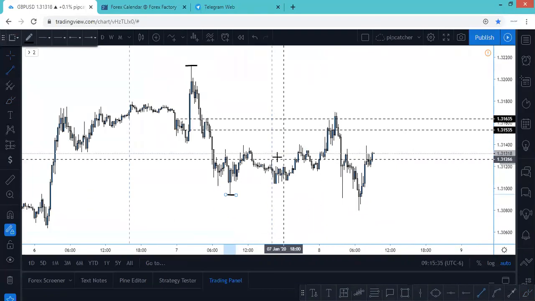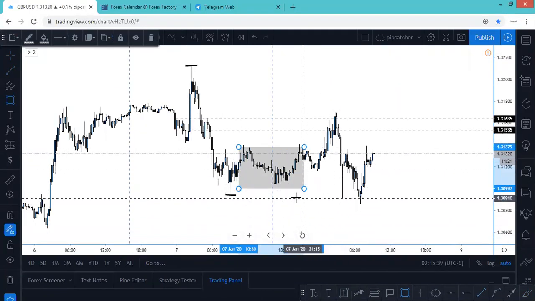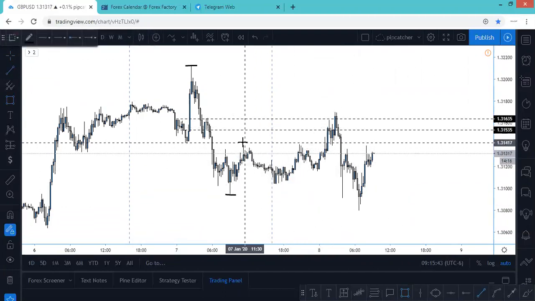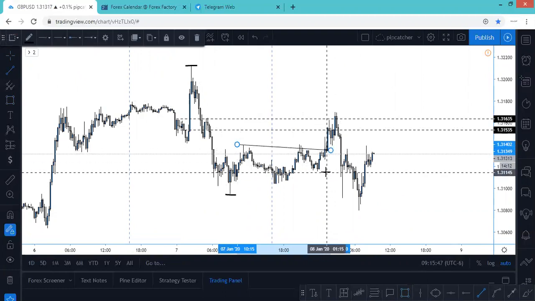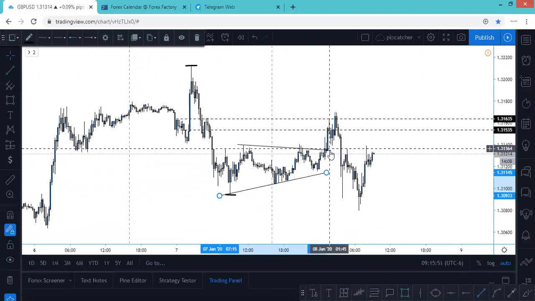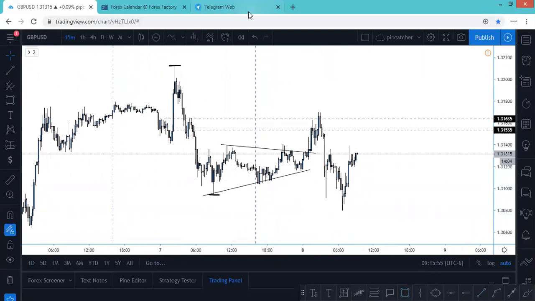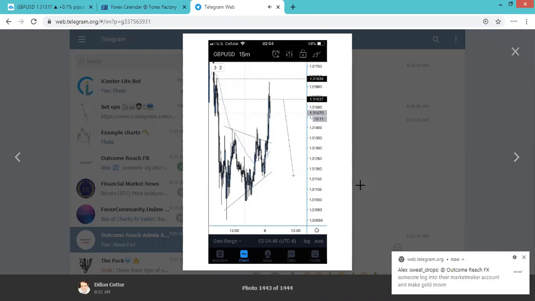Here's the Asian session, and what I saw coming out of Asian session was a breakout of this wedge to the upside. As you can see in this picture, a breakout to the upside.